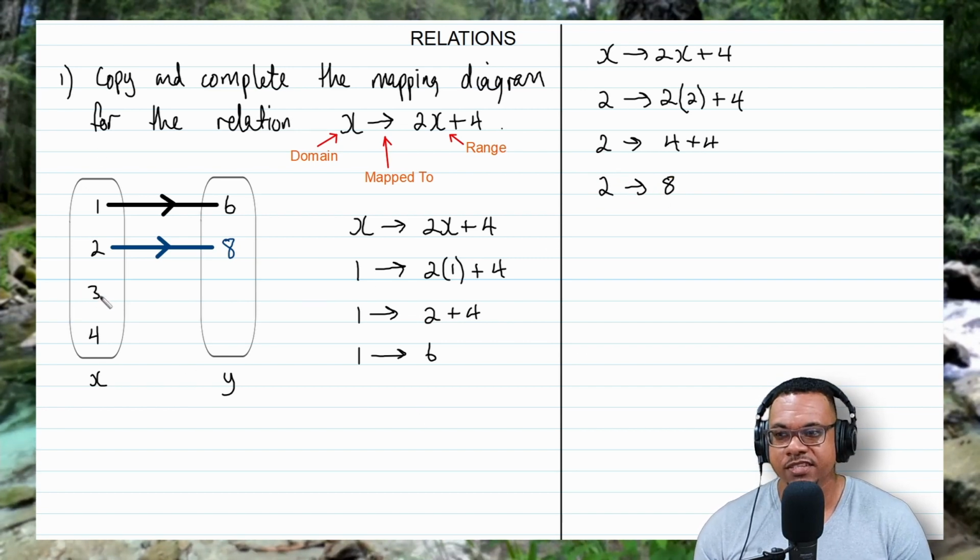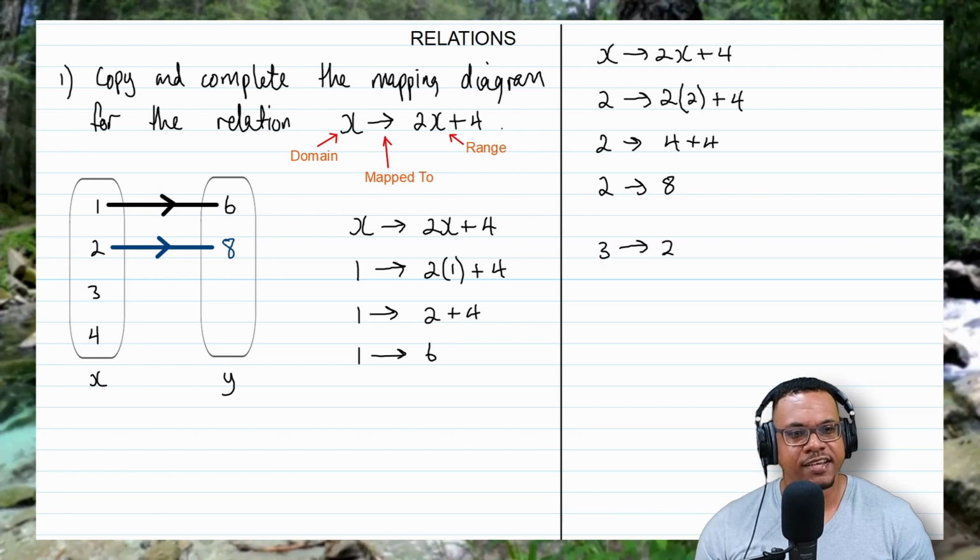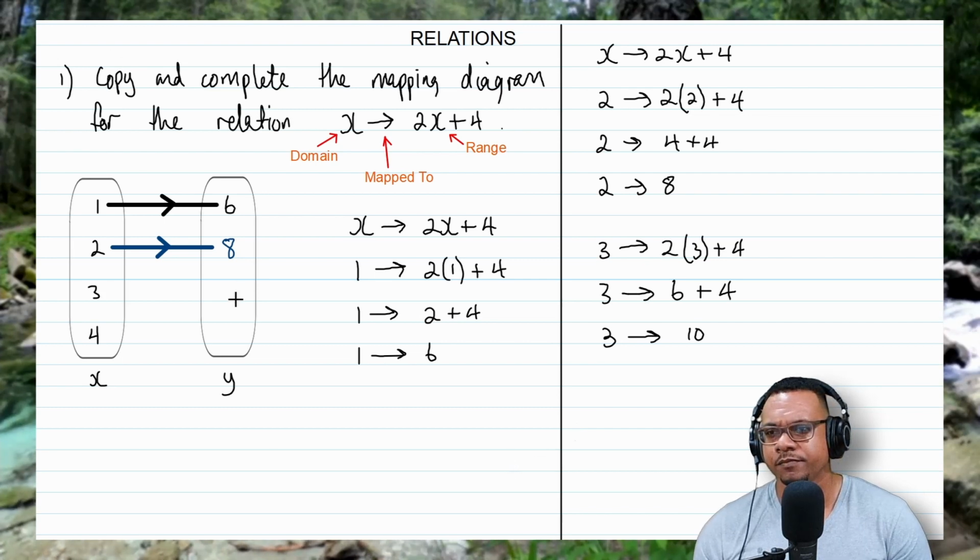So similarly, you do the same thing for 3 and 4. So we have 3 is mapped to 2x, which is 2 times 3, plus 4. So 2 times 3 is 6, plus 4. So 6 plus 4 is 10. So we have 3 is mapped to 10. So we write 10 here. We put an arrow going from 3 to 10.